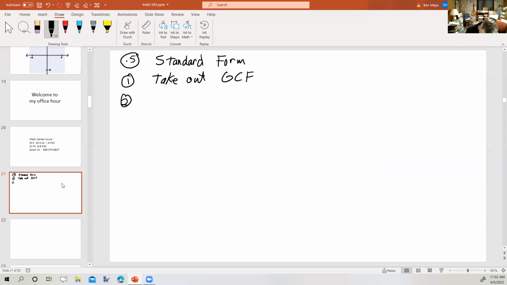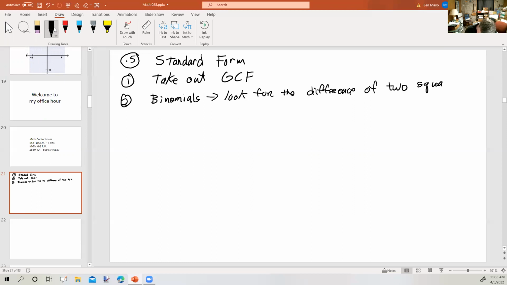Item number 2 is binomials: look for the difference of two squares.